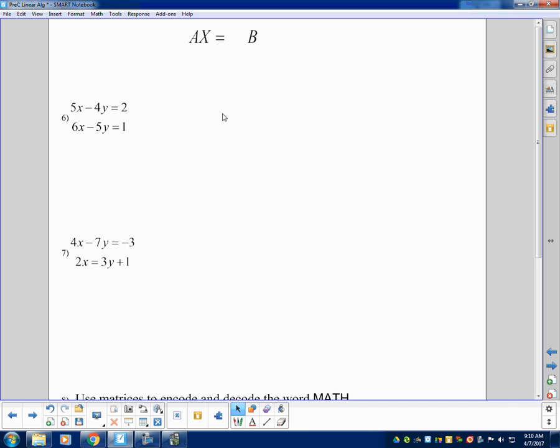Okay, AX equals B. Here's the parallel to this. If I had something like 3x equals 6, how would I solve for x? I would divide by 3. Which, yes, is another way of also saying I can multiply by the multiplicative inverse 1/3, right? So divide by 3 or multiply by 1/3, x would equal 2.